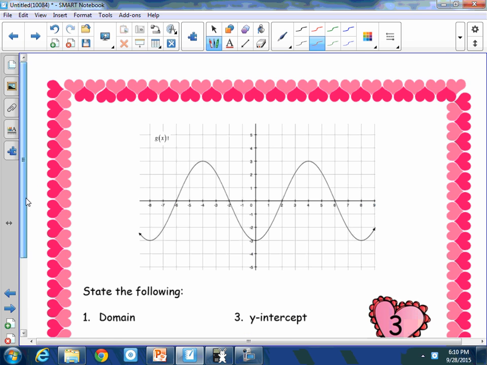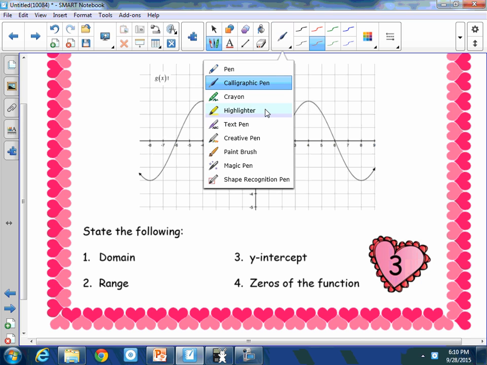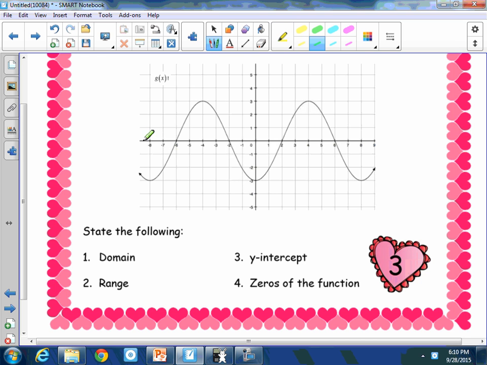All right, so we're going to state the domain. Remember, domain are the elements of the x, your input. So it would be this guy's right here. Now, arrows, so it would be from positive infinity to negative infinity.